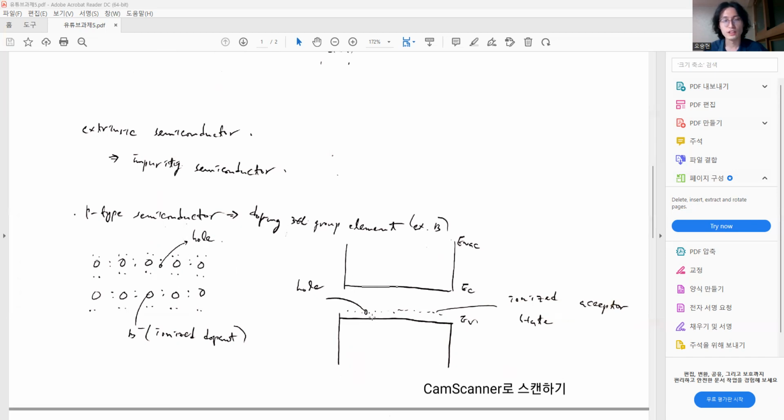And here is the schematic of the process, as I said.